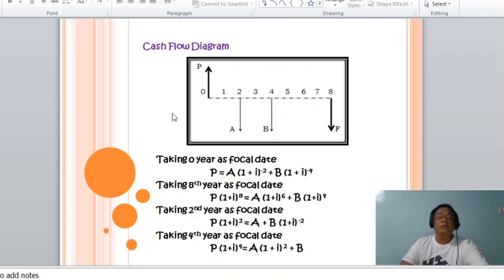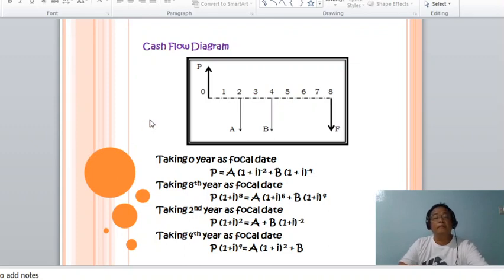What is important? From the definition, the equation of value has the so-called focal date or focal point or reference point. Let us consider 0 as the focal date, meaning at year 0.